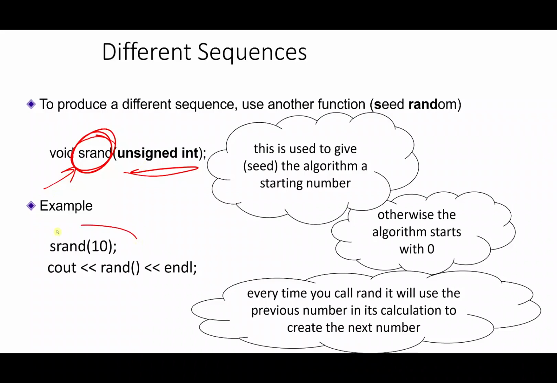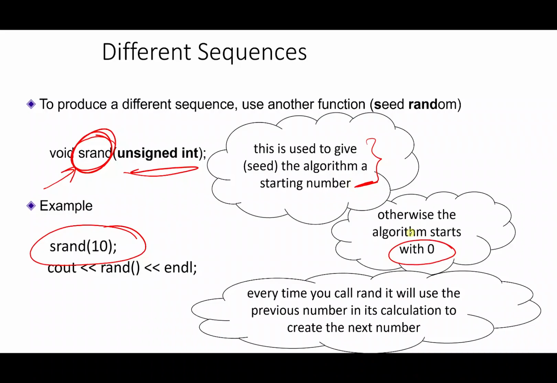So now I use srand with my input, instead of using the default input set by the C++ creators. We have our input. Now this is going to give the seed to the algorithm as the starting number. Otherwise it's going to use the default, which is 0.